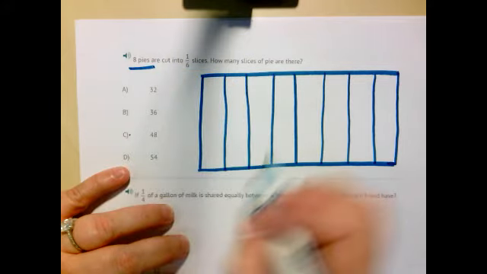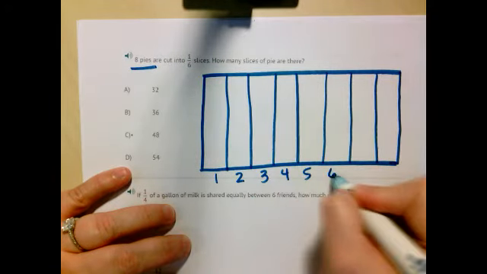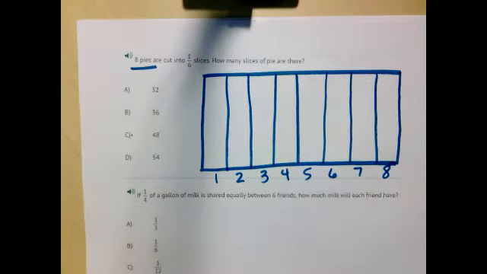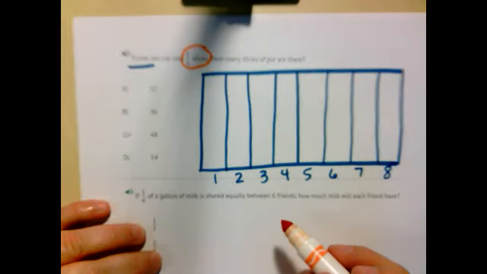So 8 pies. So there's 1, 2, 3, 4, 5, 6, 7, 8. So there's 8 pies. And I am going to cut each pie into sixths because it tells me 1/6 slices.